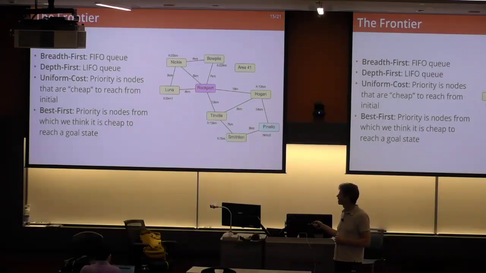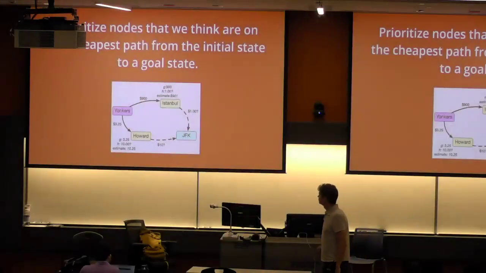When we do depth first, we're talking about a last in, first out queue, a stack, right? With uniform cost search, the priority is the nodes that are cheapest to reach from the initial state. And then we can do best first, where the priority is nodes from which we think it is cheap to reach the goal state.